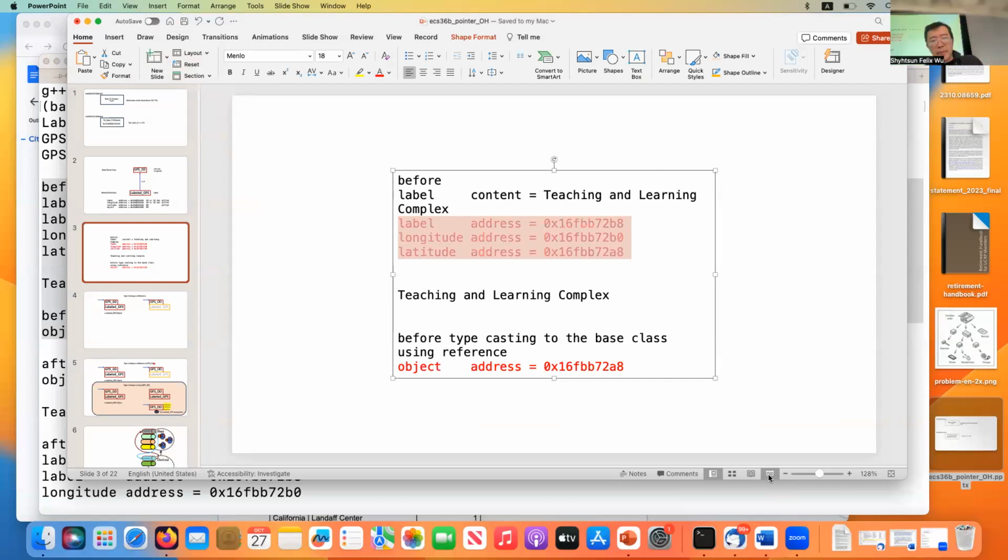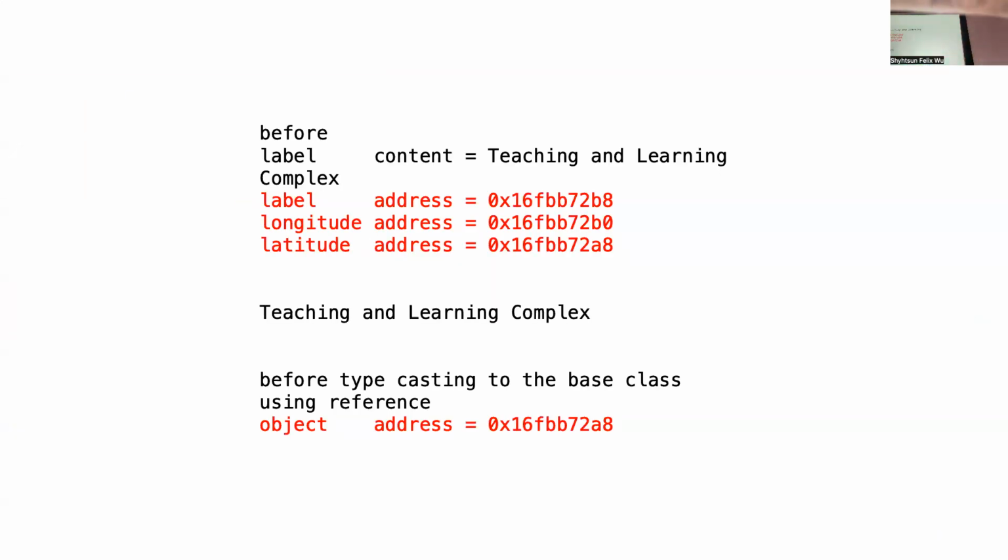Bring it up. If you just look at these four lines, now you see that the gap disappears. I no longer have the gap. The first byte of the object is 88, and the first byte of the latitude is 88 as well. That's the difference, because we had something called a virtual function, right?